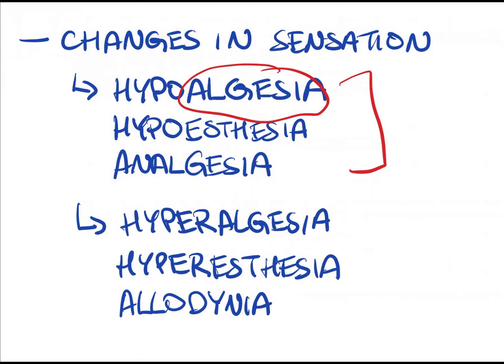After that, we have what's called hypoesthesia. Esthesia just basically means sensation, any kind of sensation. If we say anesthesia, that basically means you don't feel any sensation. In this case, however, we have hypoesthesia, which basically means that you feel less of whatever. It doesn't have to mean necessarily pain, but you're just feeling less overall. And this last one right here, remember algesia again, and then analgesia basically means you don't feel any pain.